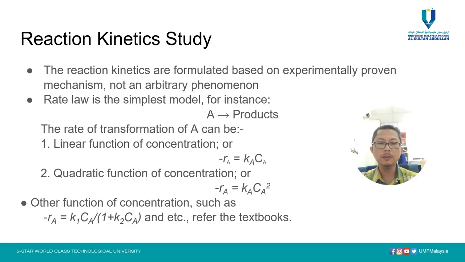Next, now you have the idea of what the rate of reaction is. There are so many phenomena happening around us. Which of these phenomena are chemical reactions, and which are just phenomenological occurrences, not chemical reactions?